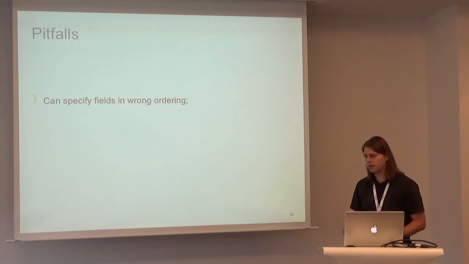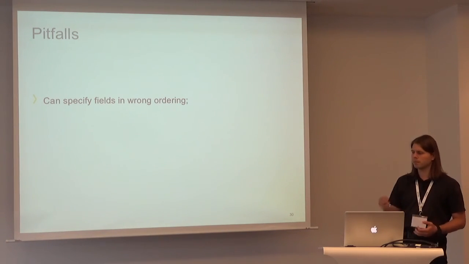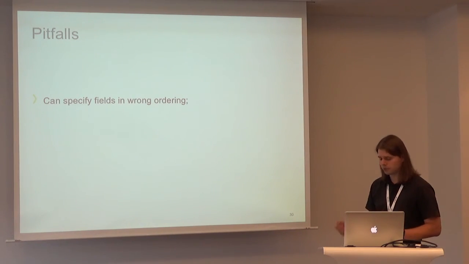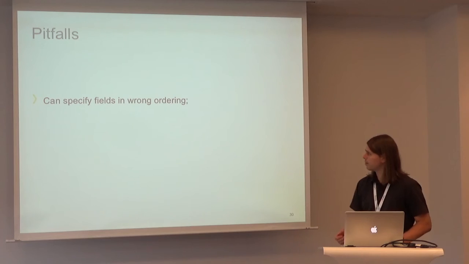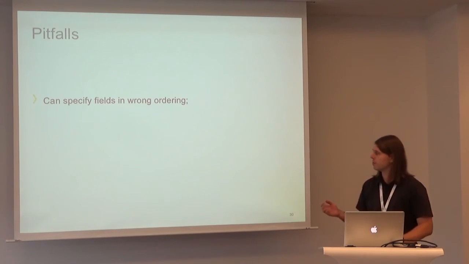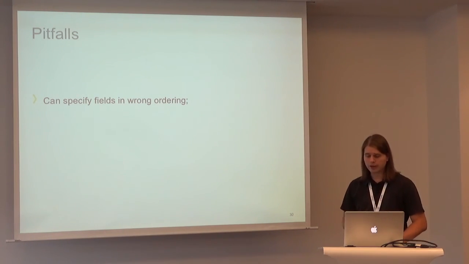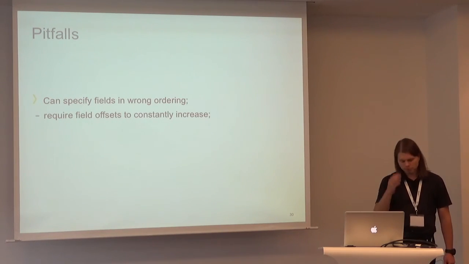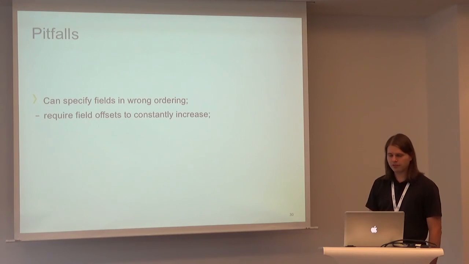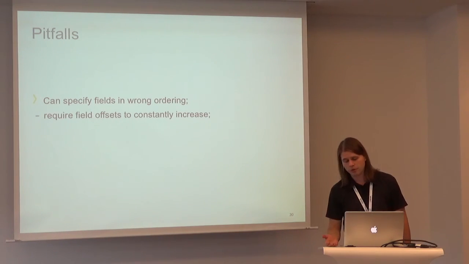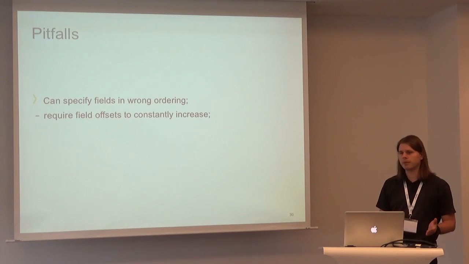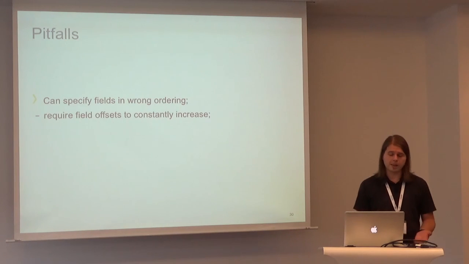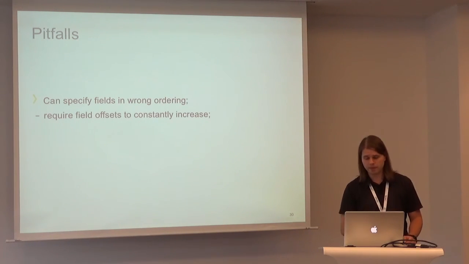When we require our users to specify the fields twice, first when they are defined and second when they are exposed, one might mix things up and get the ordering wrong. We can track this by requiring field offsets to increase, and if we notice that a particular offset decreases, then the user perhaps screwed things up and we can raise an exception, trigger an assert, or whatever else.